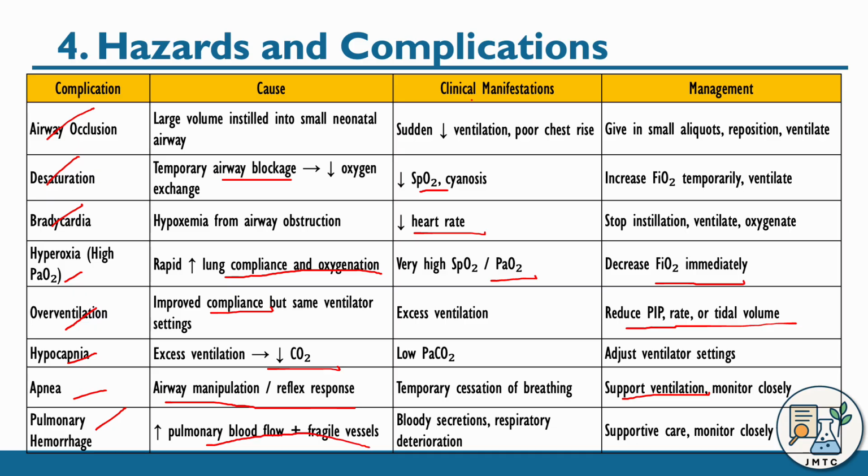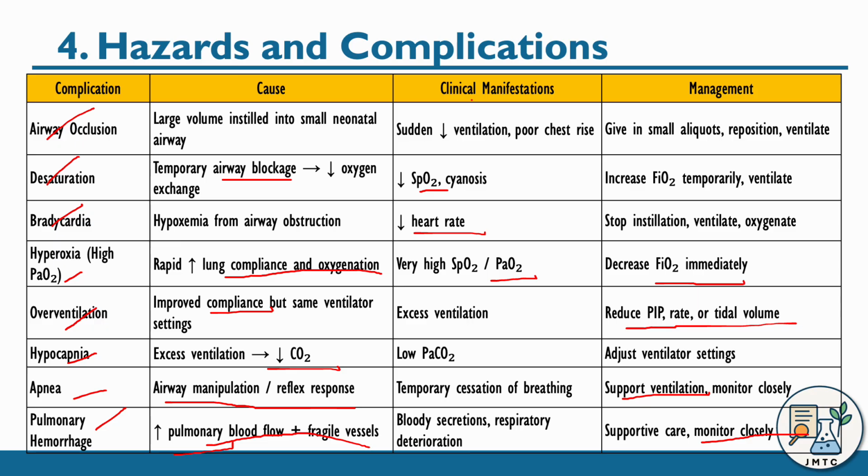So, may shortcut na dapat nagsara pero naiwan siyang nakabukas kaya napupuno yung lungs ng dugo. It happens because of sudden high pulmonary blood flow or fragile pulmonary vessels. So, hindi pa fully proven ang exact cause, pero clinically associated to. That's why we always monitor for signs of bleeding after surfactant.